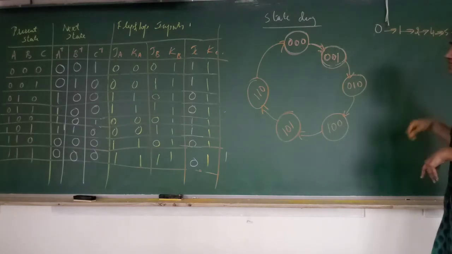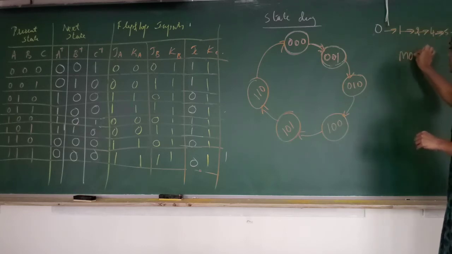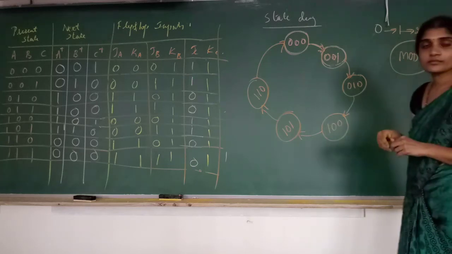Again from 6 the sequence repeats. So what is the modulus of this counter? 1, 2, 3, 4, 5, 6. So this is a mod 6 counter and this is the counting sequence: 0, 1, 2, 4, 5, 6, 0, 1, 2, 4, 5, 6, 0, 1, 2, 4, 5, 6.